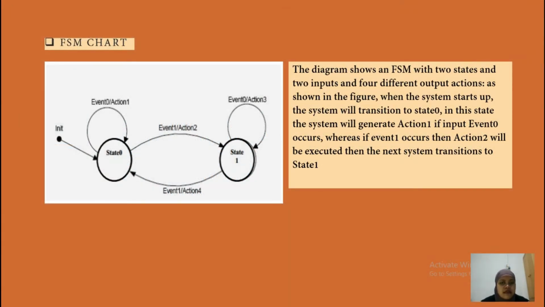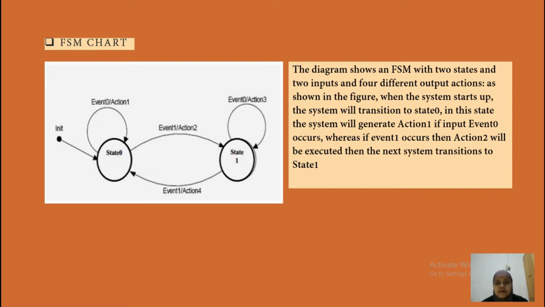Yes, this is the chart of a finite state machine. Like the picture, the diagram shows a finite state machine with two states, two inputs, and four different output actions as shown in the figure.